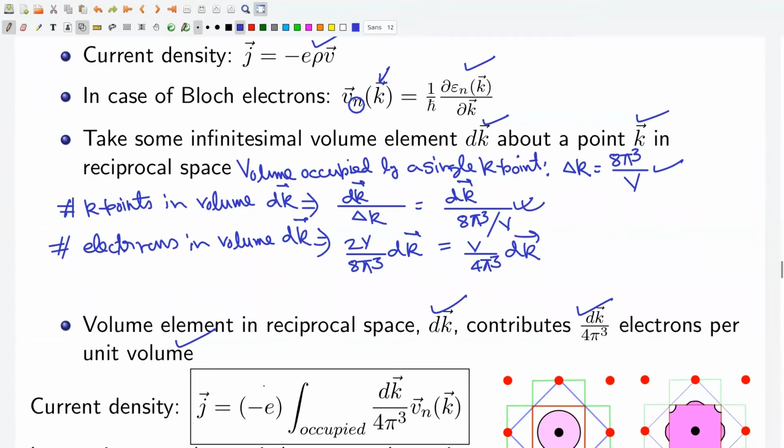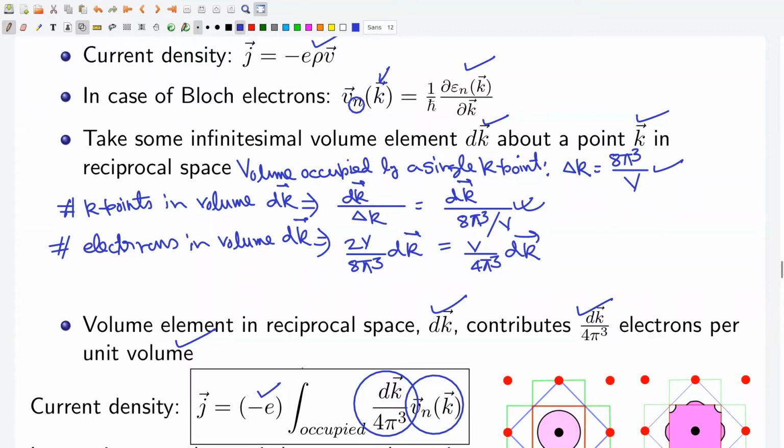Now, current density is minus e, the charge of an electron, times dk divided by 4 pi cubed, which is the number of electrons per unit volume, times v of k, which is the velocity of electrons.